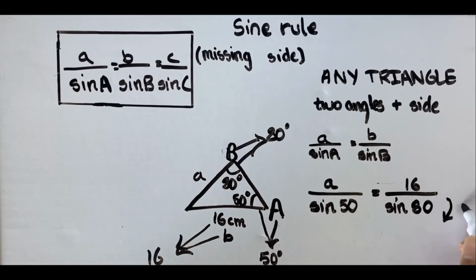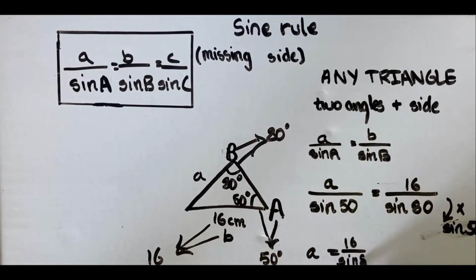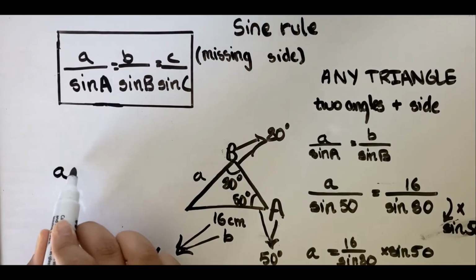Now what we can do is rearrange this. So what we'll do is multiply by sine 50. Now, that's a equals 16 over sine 80 multiplied by sine 50. So, what we can do is do this on our calculators, and we'll get what a equals.